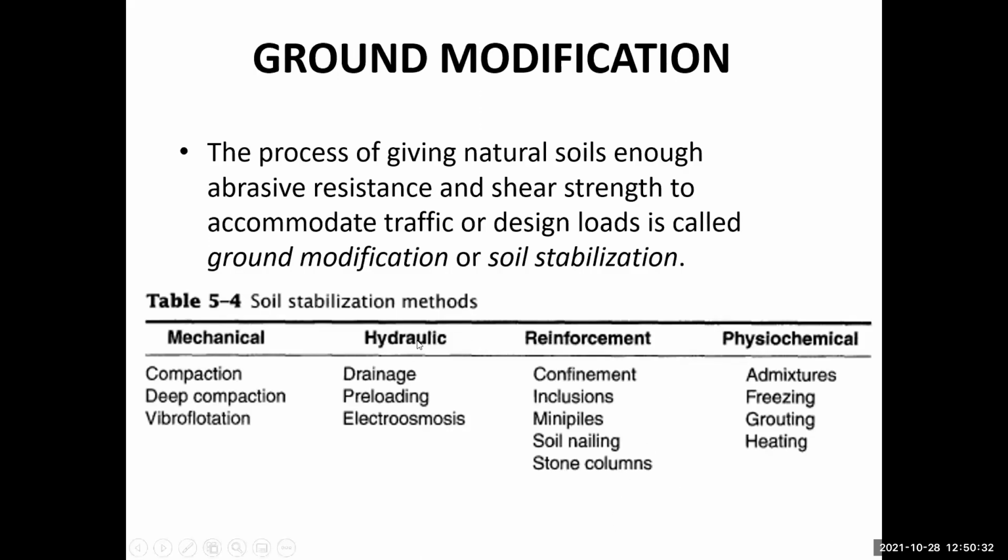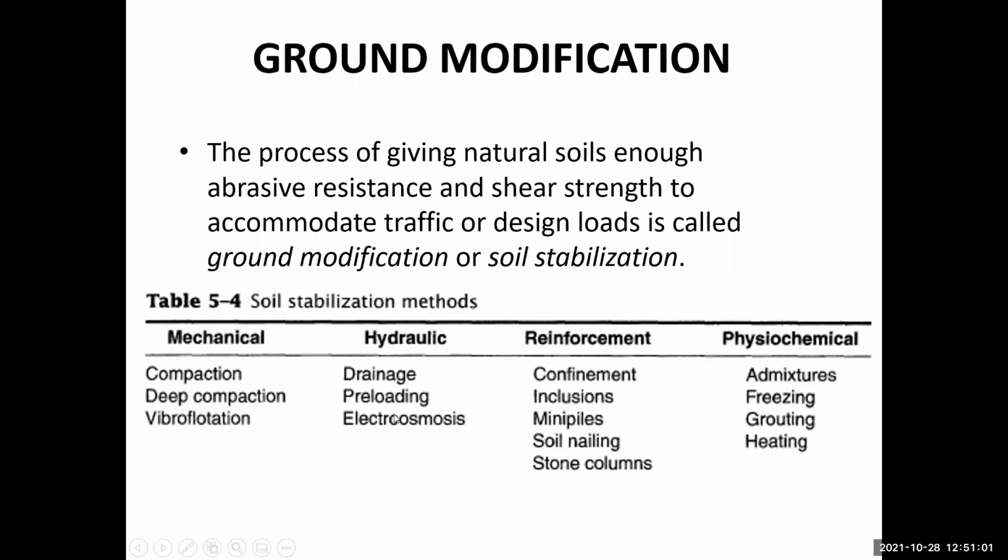So there are various soil stabilization methods. In fact, I think this topic is normally covered in more details in the soil mechanics or geotechnical engineering courses. But here we have these soil stabilization methods in 4 categories: mechanical, hydraulic, reinforcement, and physiochemical.